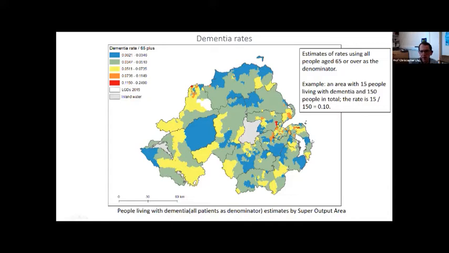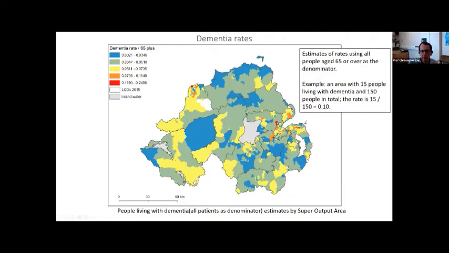So now we've got in the red the highest rates, and in the blues are the lowest rates. So again, this is a pretty coarse estimate, and I'll say a bit more about how we can do this better, and indeed some of you present might have better ideas or an awareness of changes in availability of data sources, but we'll talk about that later on. But for now, this is an estimate.